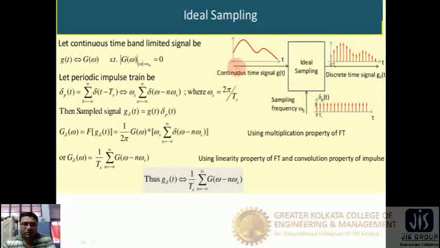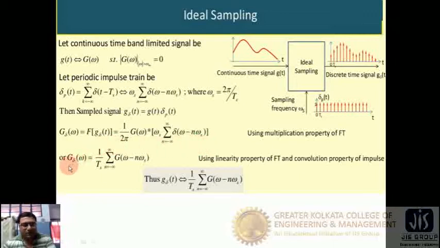These two signals, the continuous time signal g(t) and the sampling signal with omega s or delta T, are multiplied and we get the output as a discrete time signal. This is the mathematical representation. Using the multiplication property of the Fourier transform, we just multiply these two signals in the frequency domain.